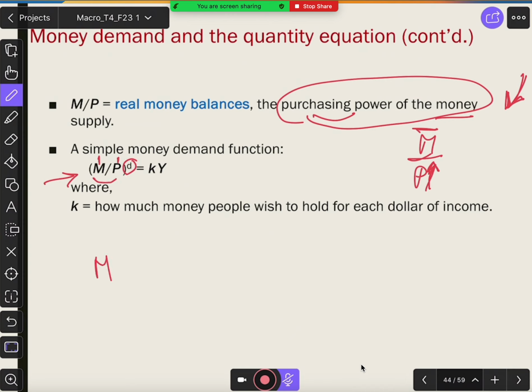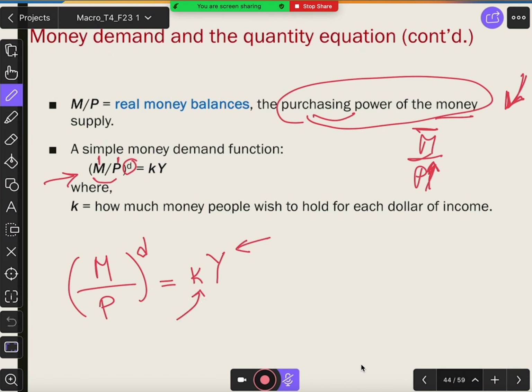So the real demand for money is M over P, and we put a little d to represent the demand side. Based on this, it equals a certain parameter, coefficient, or constant, whatever you want to call it, multiplied times y, where y is the nominal GDP.